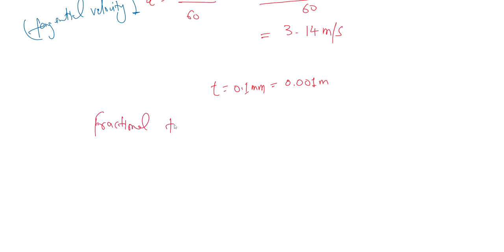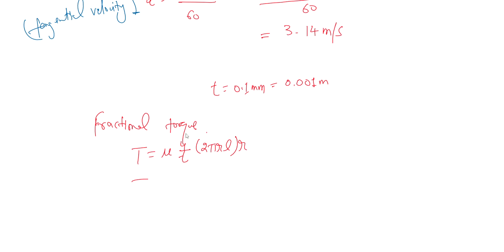So the frictional torque T is equal to the first formula, mu U by t, into 2 pi r l, and r. So it is the formula for frictional torque.